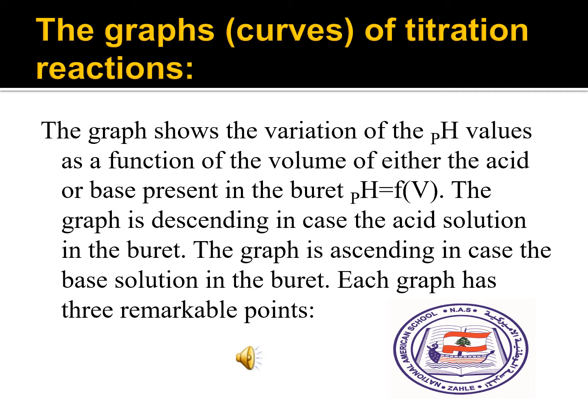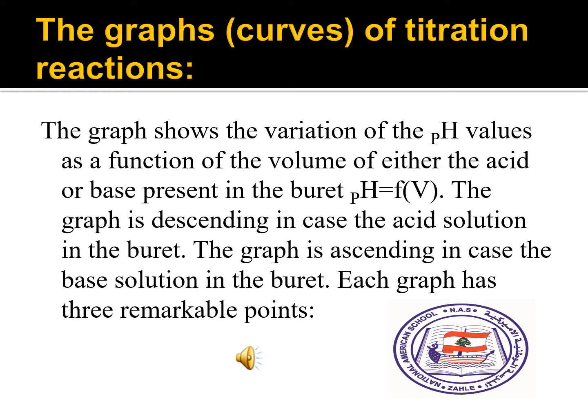Now, when you talk about a graph, you're talking about the x-axis, which we call the abscissa, and the y-axis, which is called the ordinate. The graph shows the variation of the pH values as a function of the volume of either the acid or the base present in the burette.